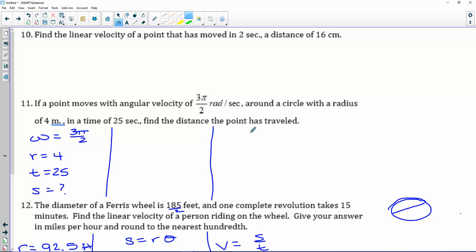So let's say I wanted to do S equals r theta. How can I find my theta? 25. So if we multiply over the 25, theta is 75 pi over 2.